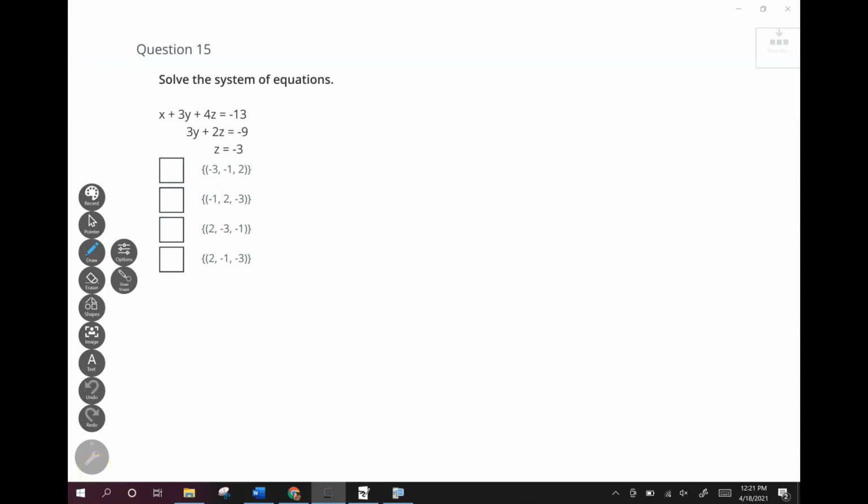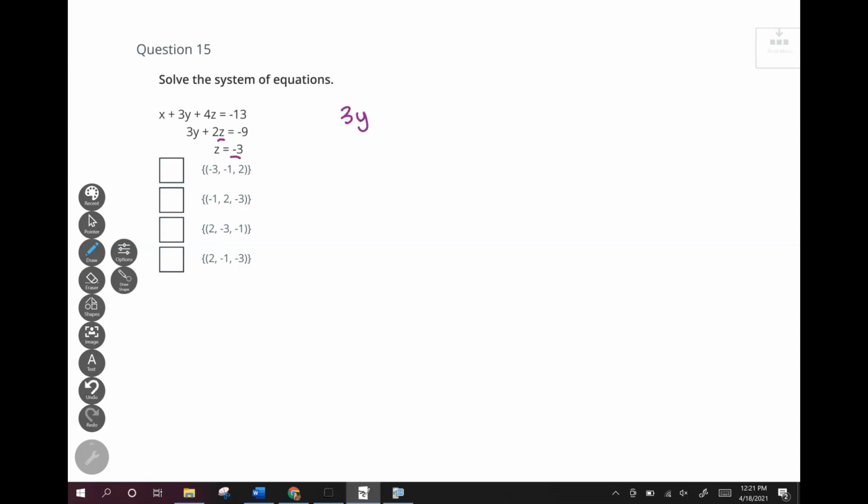Let's look at number 15. This is a system of 3 equations with 3 variables, but this is an easy kind where you have one equation that just has 1 variable, one with 2, and one with 3. So you're going to work your way up from that bottom equation up to the top. So first I will plug in negative 3 for z in the second equation, the one that has 2 variables.